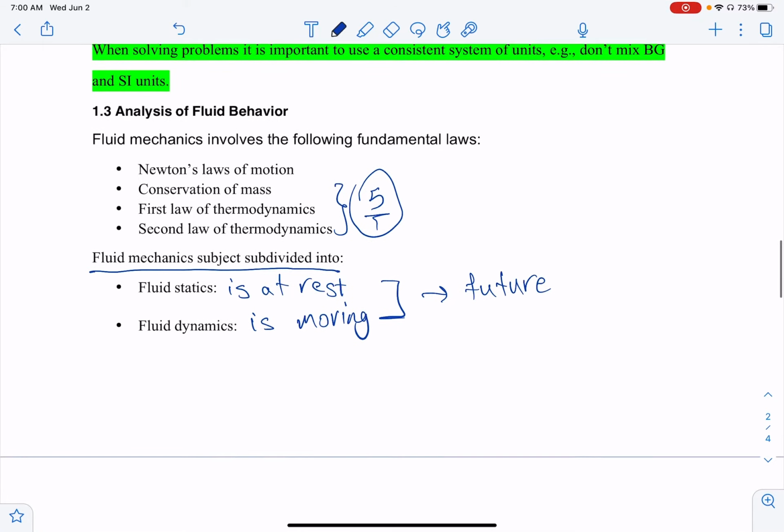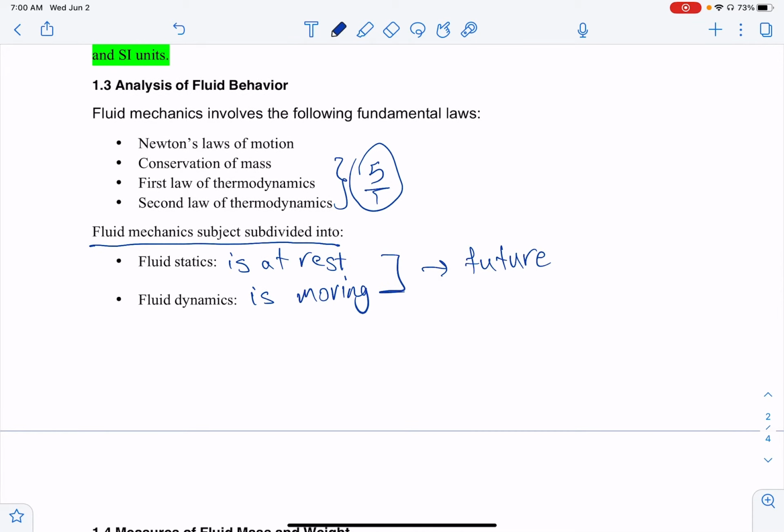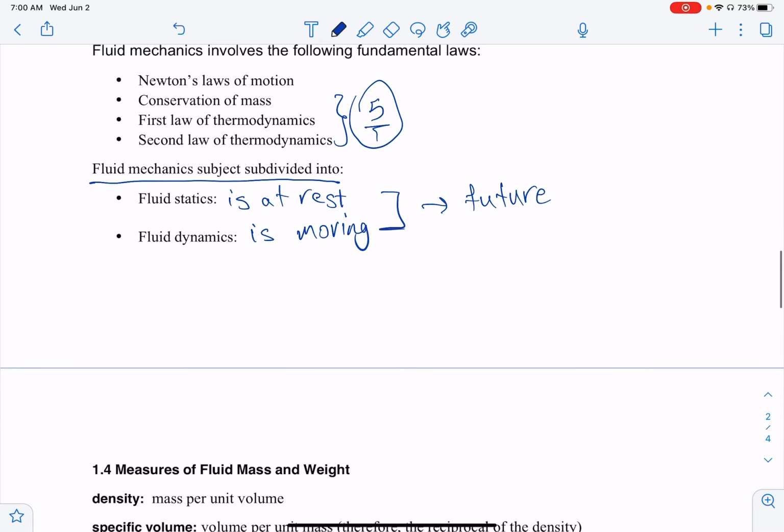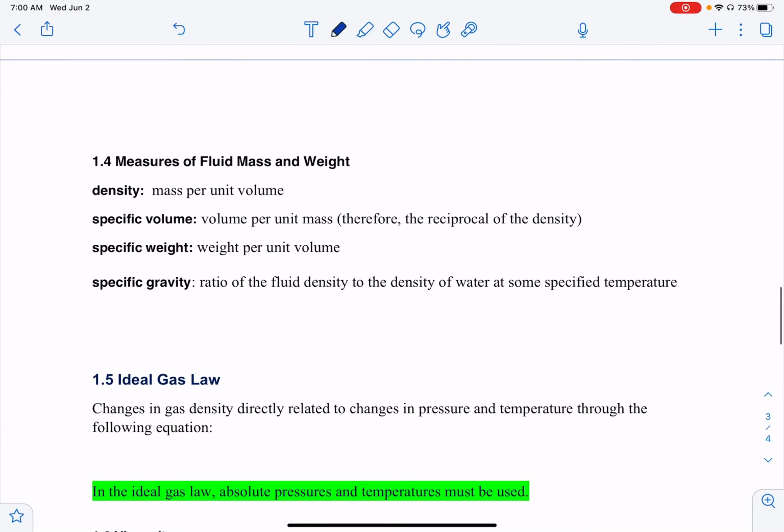I just wanted to tell you that when we want to solve a question, we need to know what approach to take, so we always subdivide to make it easier to understand and solve. These are the two main subdivisions of fluid mechanics.